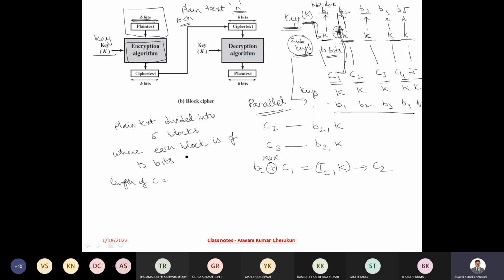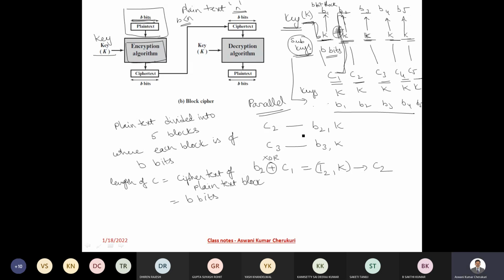Ciphertext of the plaintext block. What is the size of the block? B bits. So obviously the ciphertext would be B bits.